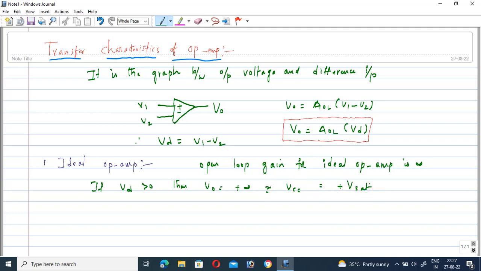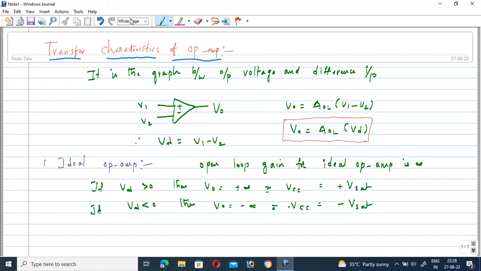The maximum operating voltage for an ideal op amp is plus Vsat. Moreover, if the difference voltage is less than 0, then the output voltage V naught is equal to minus infinity, so it is approximately equal to minus VCC, that is equal to minus Vsat. Vsat is nothing but saturation voltage. This is the ideal characteristics of an operational amplifier.